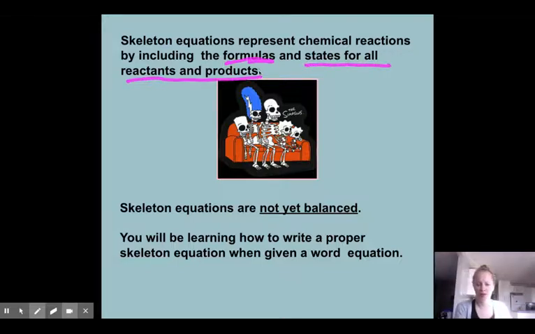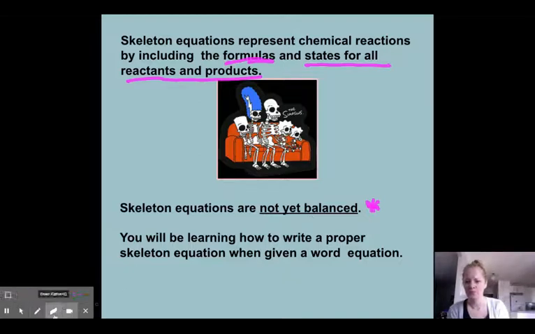So what happens is you get given your question in name format. You have to change that name into a formula and then also include your states. The one nice thing about skeleton equations is they are not balanced. You do not have to balance them. You will eventually, but bare bones skeleton equations get to just stay as they are.